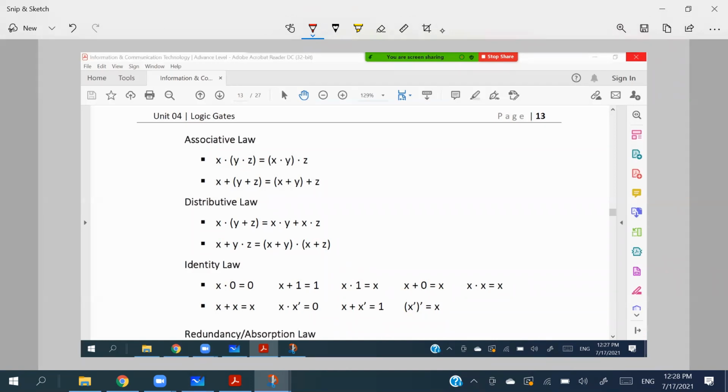These two laws are very simple, we don't need to remember them specifically, but all you have to remember is that the operators should be identical in between the variables for you to move your brackets here and there.